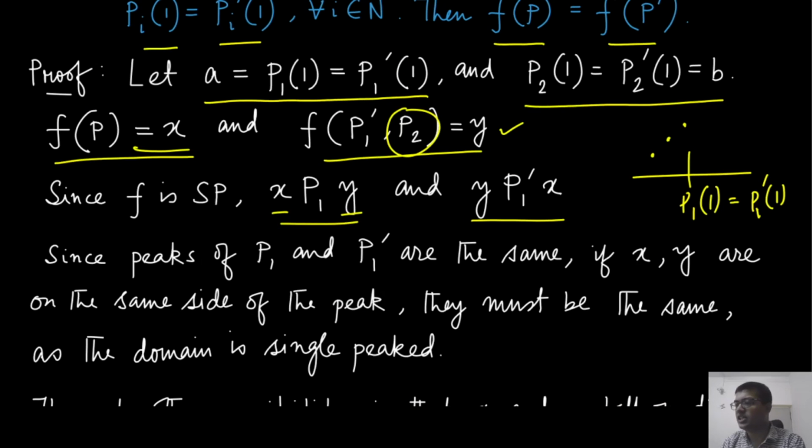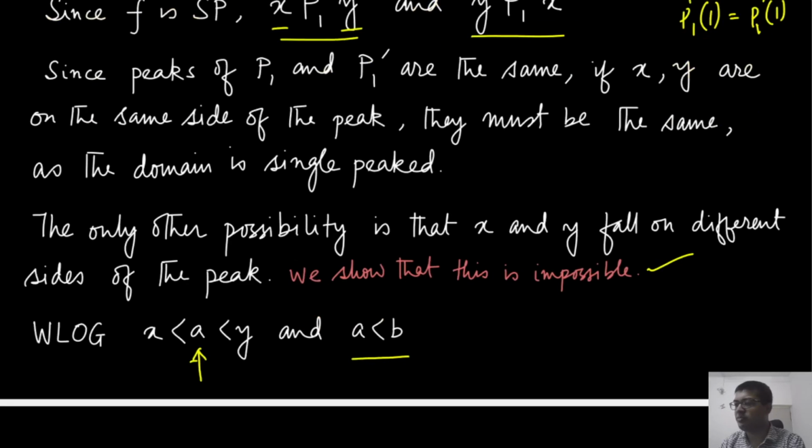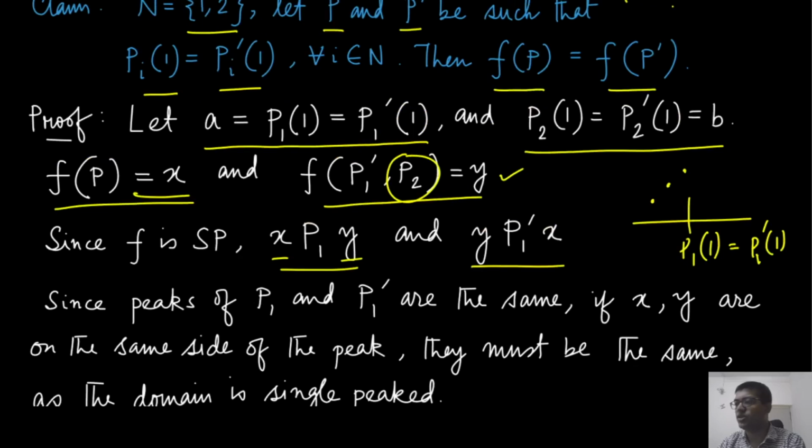So essentially the implication that x and y fall on two different sides of the peak is not possible, and hence the only possibility is that x and y must be the same. So we show that from p to p1 prime p2 to p1 prime p2 prime, in all these preference profiles the outcome remains the same, x. That proves this small claim here.